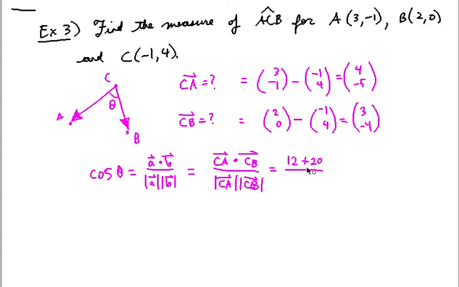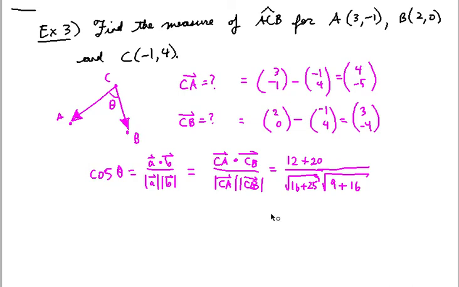Okay, 5 times 4 is 20. And then the magnitude of CA is going to be this squared plus this squared, so that'd be 16 plus 25, times the quantity 9 plus 16. Okay, so that would be my scalar value.